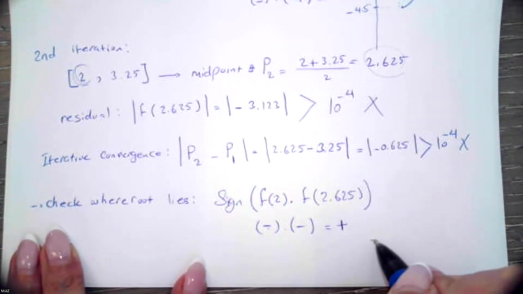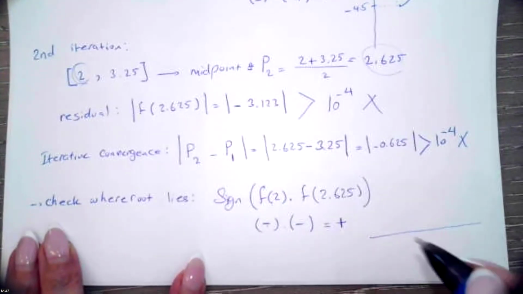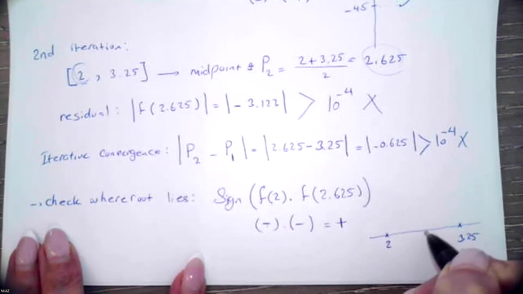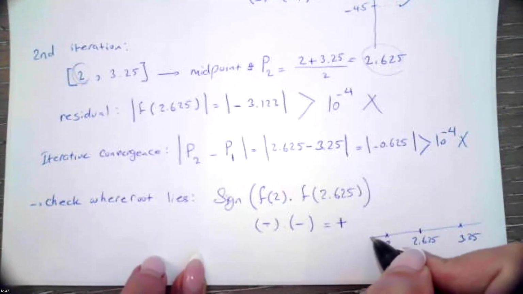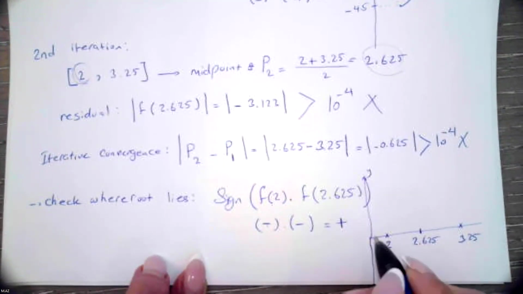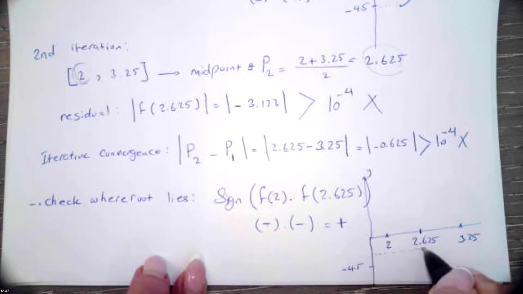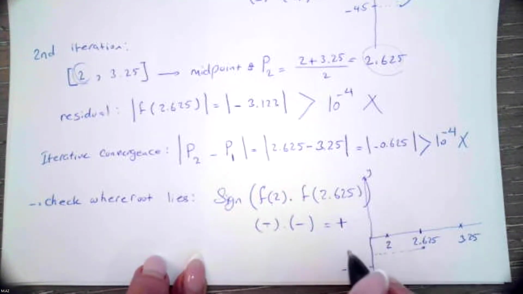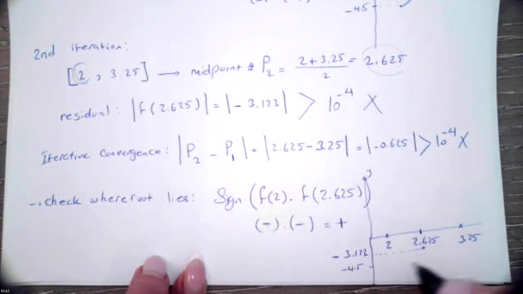If I draw it, see, this is our interval for the second iteration. This is 2, 3.25, and the midpoint is 2.625. The value of the function at point 2 is minus 4.5, and the value of the function at P2, the midpoint of this interval, is minus 3.123.